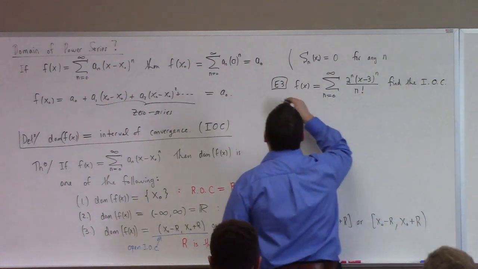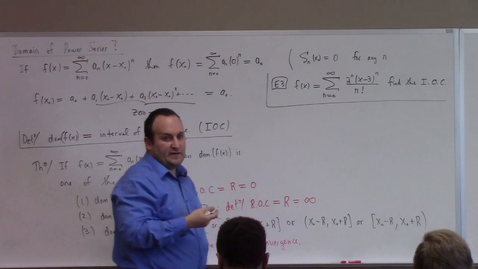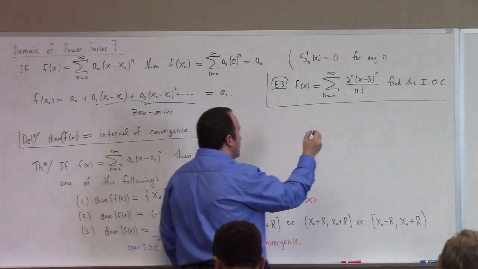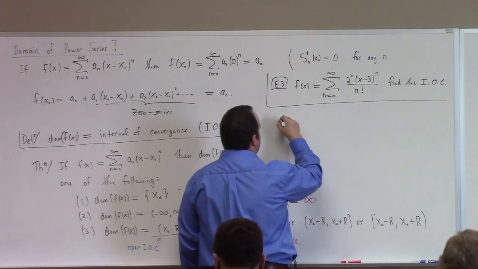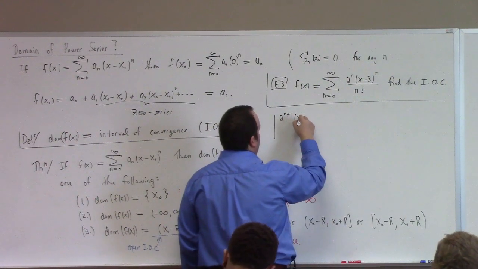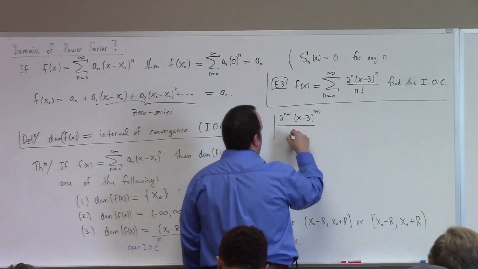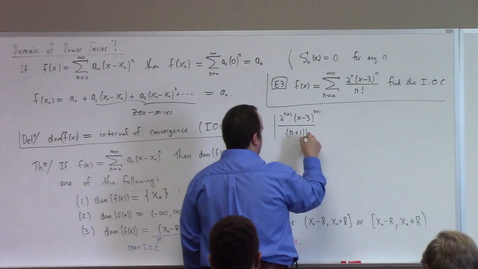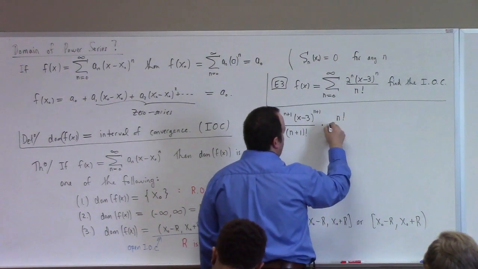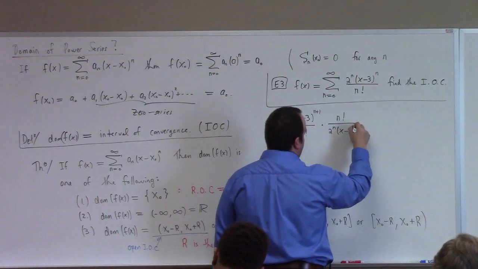Now, I say that usually we have to check endpoints. Ratio test doesn't give us everything, but this one's going to be different. Check it out. If we look at the absolute value of 2 to the n plus 1 times x minus 3 to the n plus 1 divided by n plus 1 factorial, times n factorial divided by 2 to the n times x minus 3 to the n.